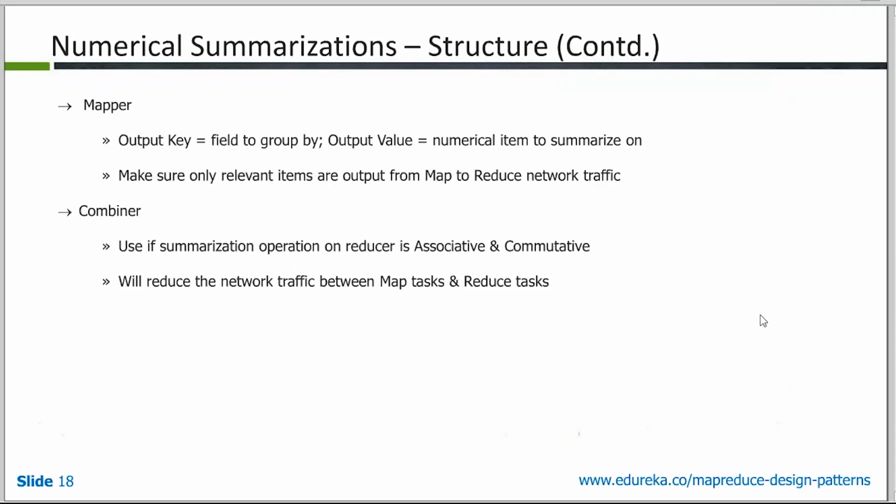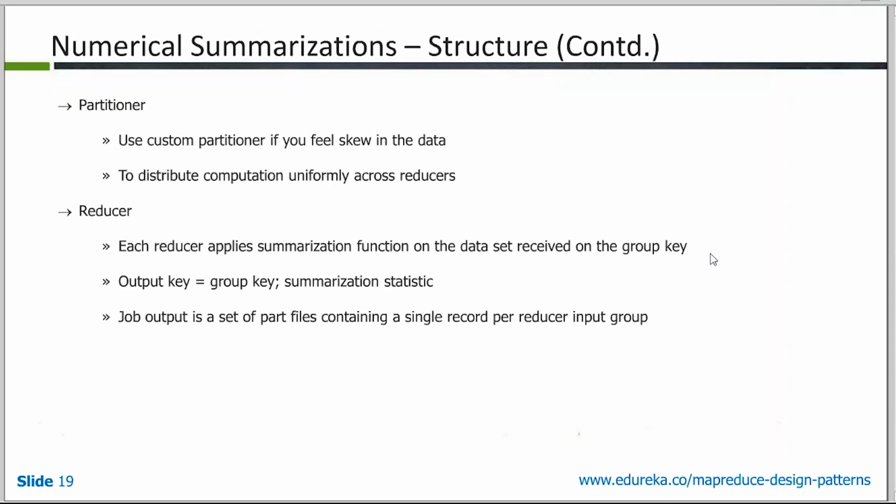For folks who would like to understand a little bit more about this associative and commutative things, this is actually a concept from algebra. So if you have 3 different variables A, B, and C, and you're doing A plus B plus C, then if this is an associative operation, you could do an addition of B and C and then add A to it, or you could do A plus B and then add C to this.